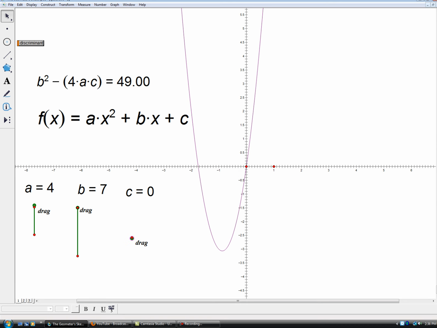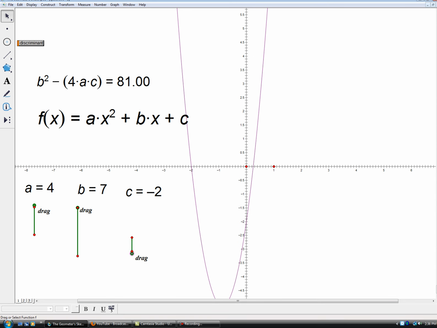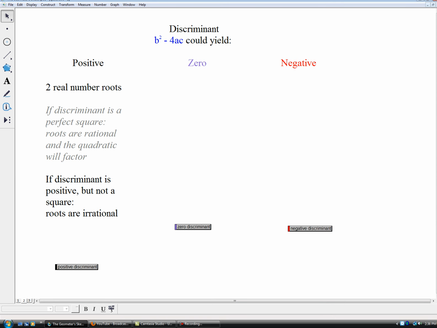That will give us a quadratic with a discriminant that is positive 81, and 81 is a perfect square. Now what that tells us is if a discriminant is a perfect square, the roots are rational, meaning that we won't need any radical notation, and that the original quadratic will factor.